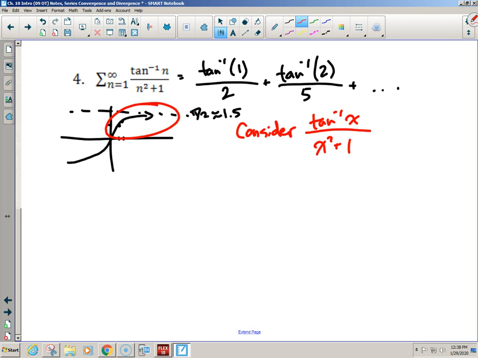Tangent inverse of x all over x squared plus 1. We have positive, yes, on this interval. We have continuous, yes, on this interval. And we have decreasing, yes. I don't know tangent inverse values, but I can at least know conclusively those three things are true. I'm good.